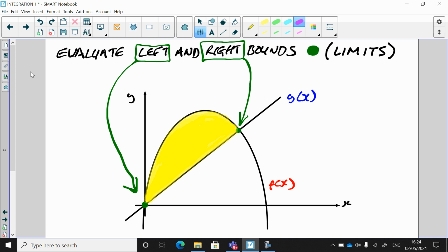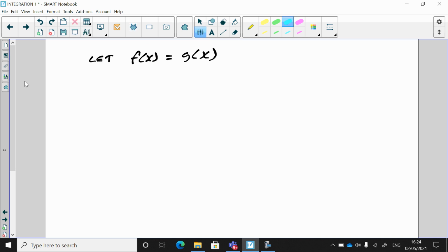Right, okay. And these are often referred to as the limits of integration, or summation, or summing up, adding up, whatever you want to call it. That's what we're doing here. We're summing things up. We're going to sum up that area. Okay.